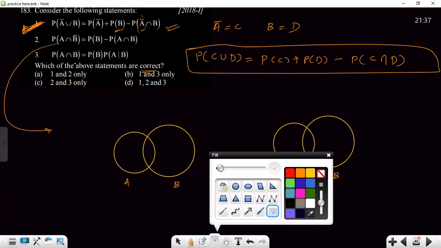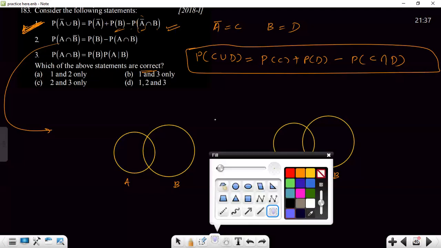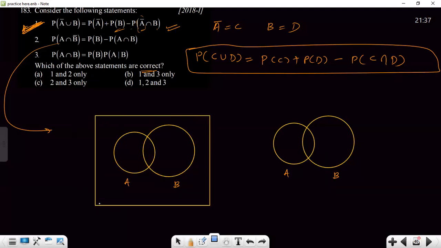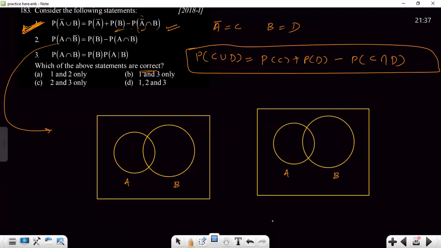Okay, A set is this. Now we are talking about the A set's intersection with B bar. We also have to make the universal set for considering any complements.